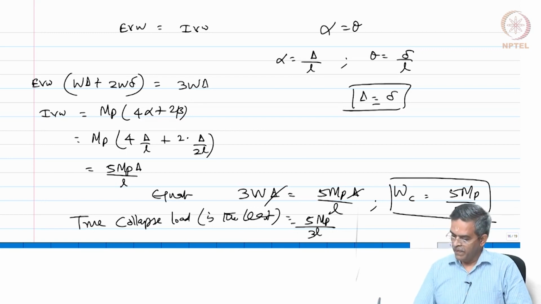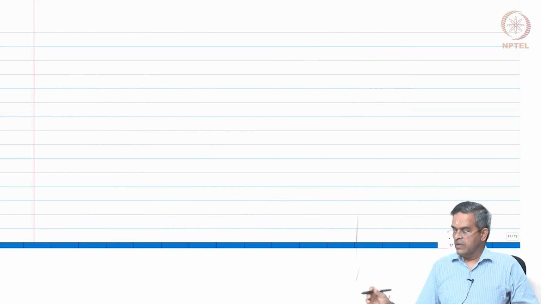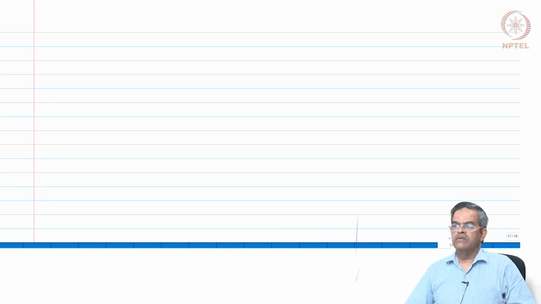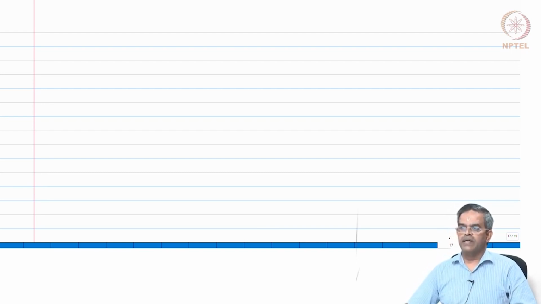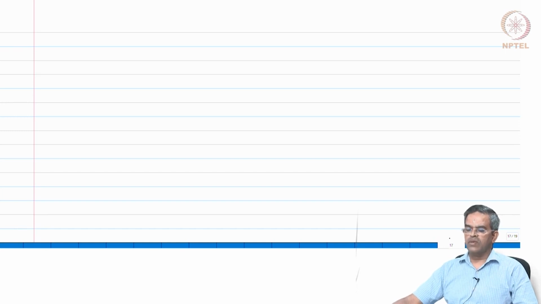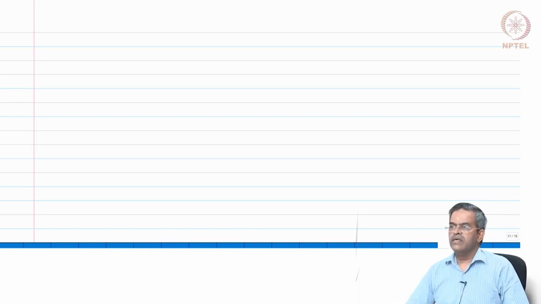Okay. So, friends, these are some examples where we have obtained very easily the collapse load for different mechanisms, combined them, then we got a taste of how to get the iterative mechanism about this and get the collapse load.